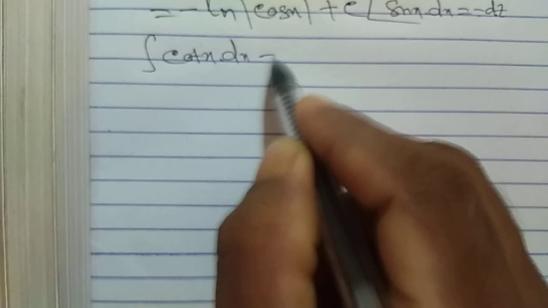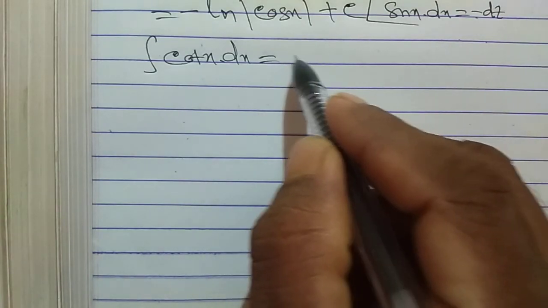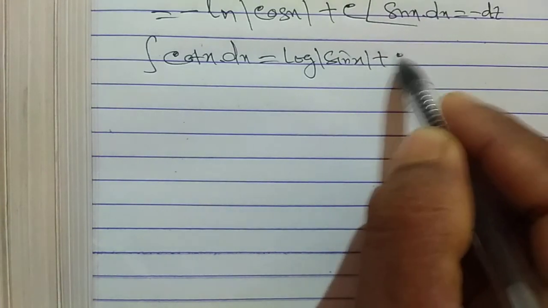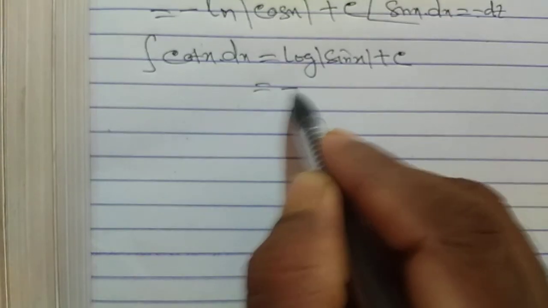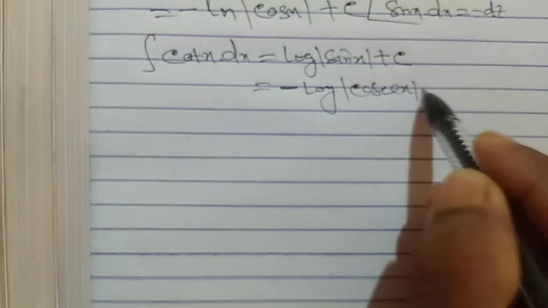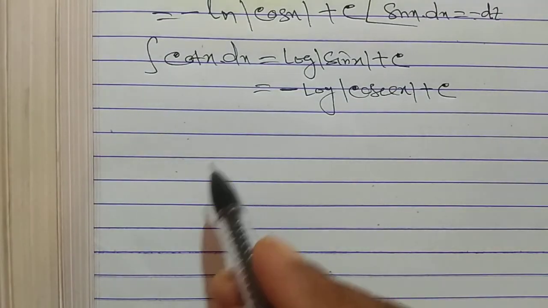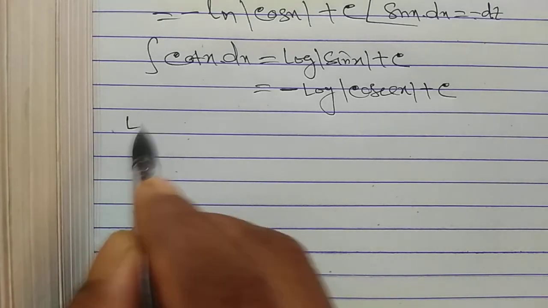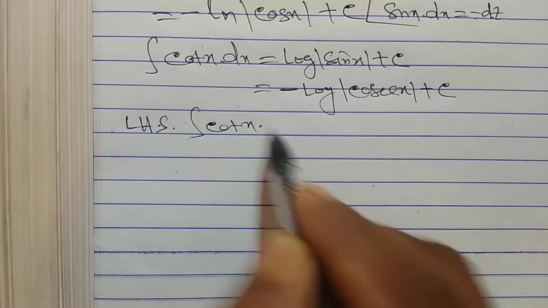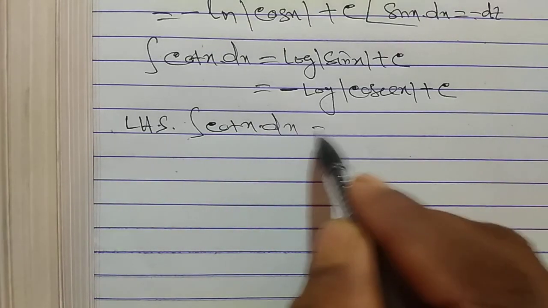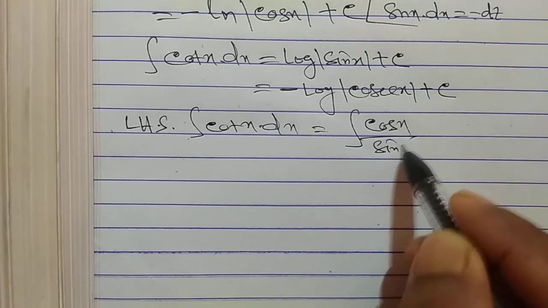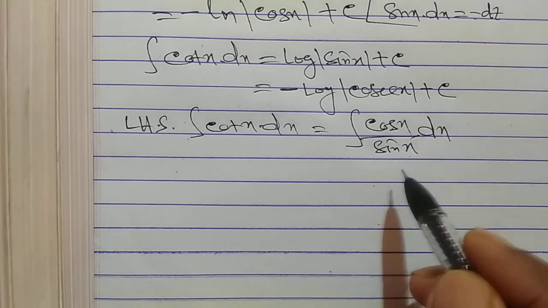And integration of cot x dx is equal to log of sin x plus c, and that is also minus log of cosec x plus c. Now taking the left hand side, integration of cot x dx is equal to integration of cos x by sin x dx.